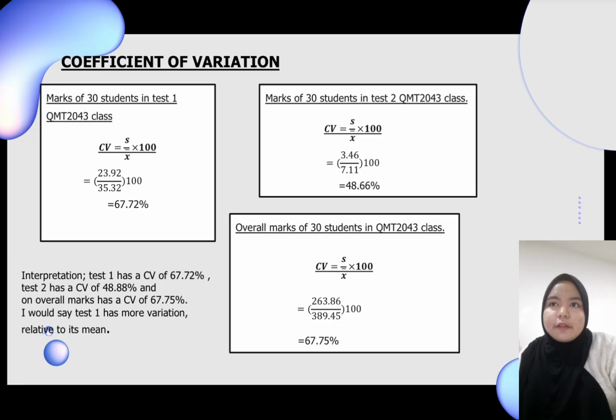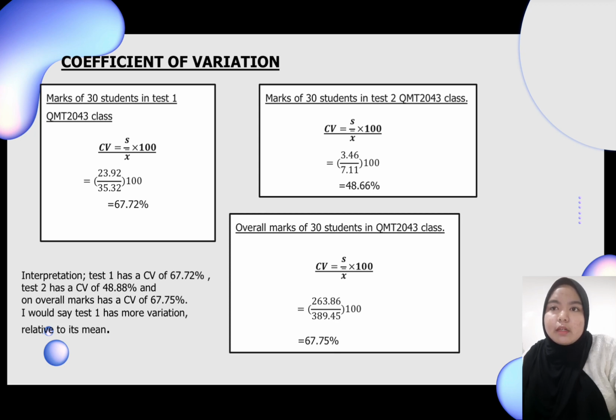This is the coefficient of variation for test 1. CV equals S per mean multiplied by 100. We got S and mean from the standard deviation. So the answer is 67.72%. For test 2 CV, the answer is 48.66%.